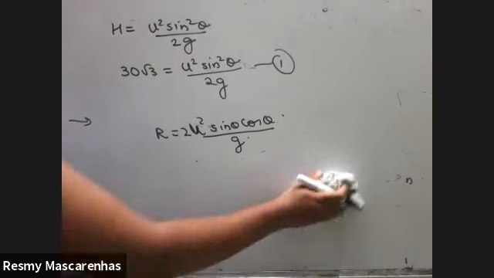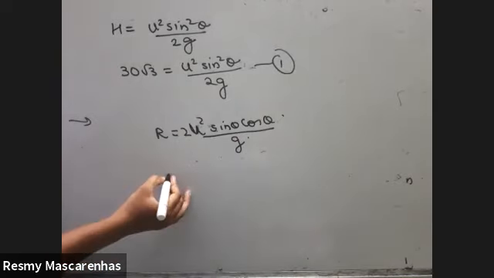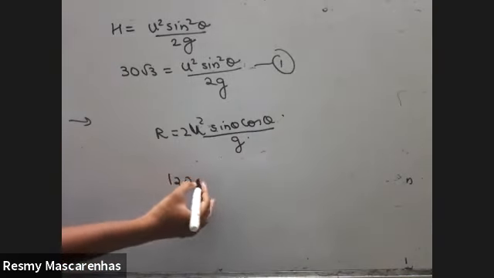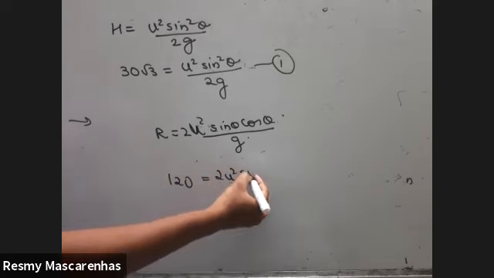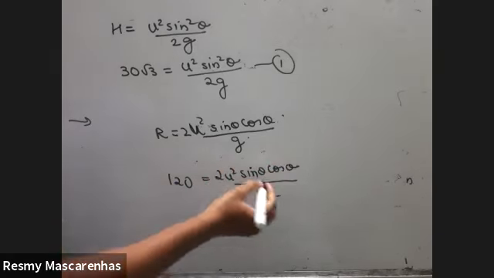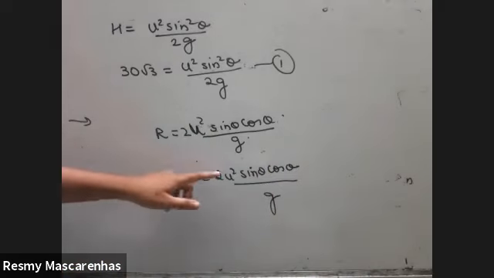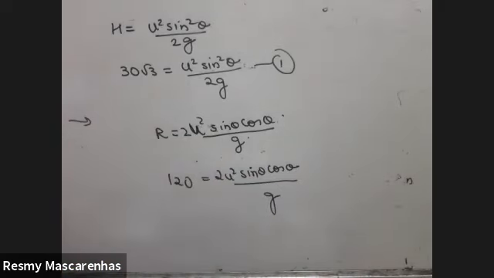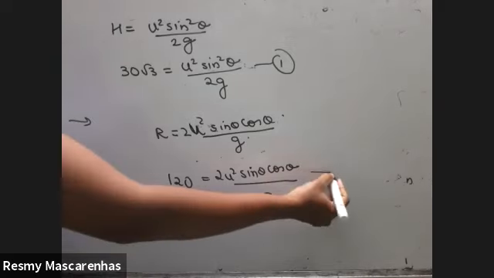This will be, how much has been given? 120 has been given. Theta I also don't know, u I also don't know. I cannot directly solve these equations when I don't know two of the things. I put it as equation 2.